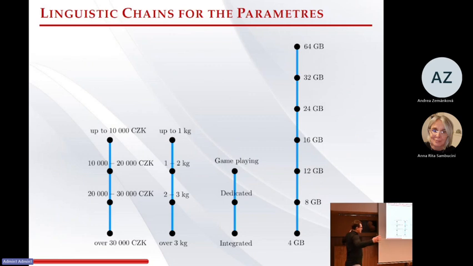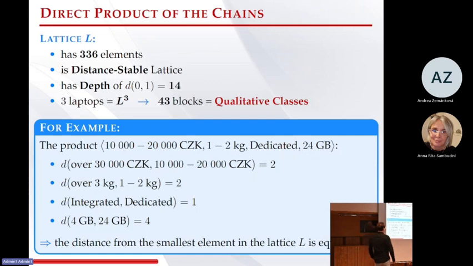So now we create the direct product of these lattices, and we get a lattice L with 336 elements. This lattice is, of course, a distance stable lattice, because the direct product of distance stable lattices is a distance stable lattice.